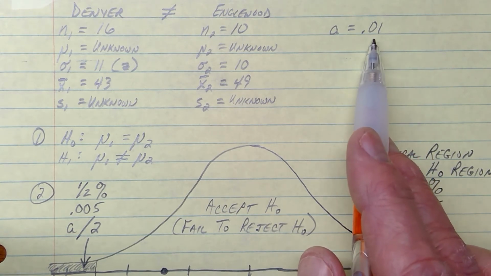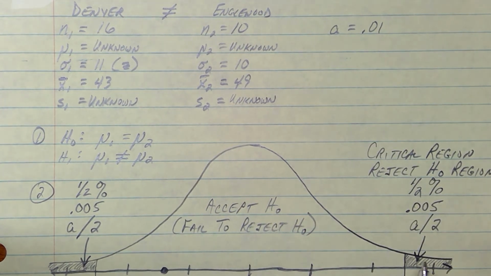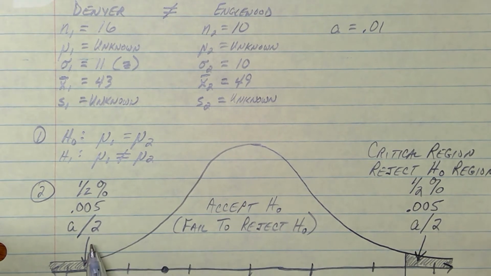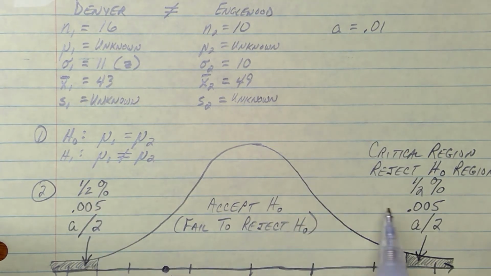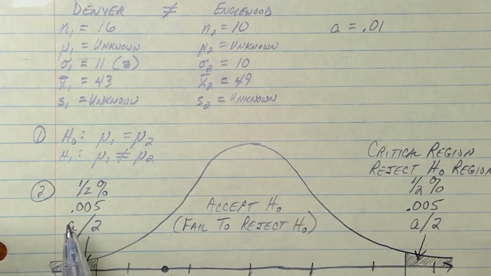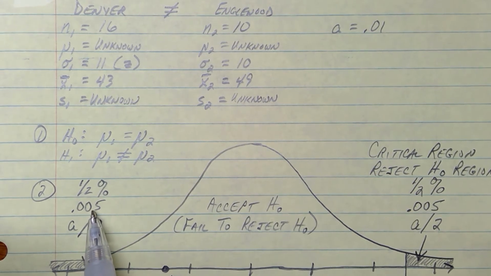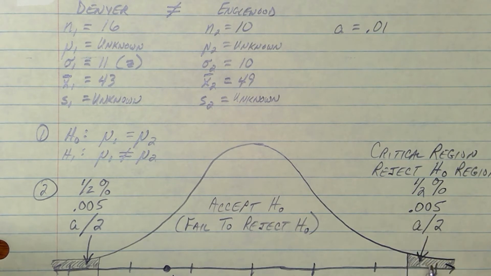If I split it in half, I'm going to put 0.5% on the left tail and 0.5% on the right tail. That's what alpha divided by 2 means. It's 1% total, which means 0.5% on the left and 0.5% on the right. You can do it on your calculator: 0.01 divided by 2. 0.5% as a decimal is 0.005. That's what we're going to look for in the table if you want to do it the long way.